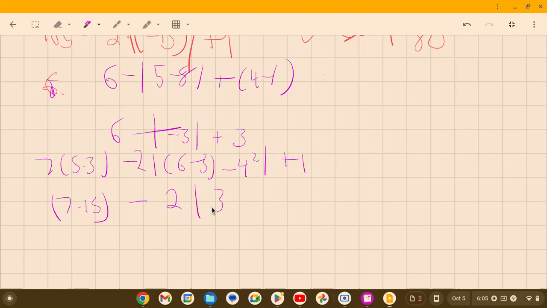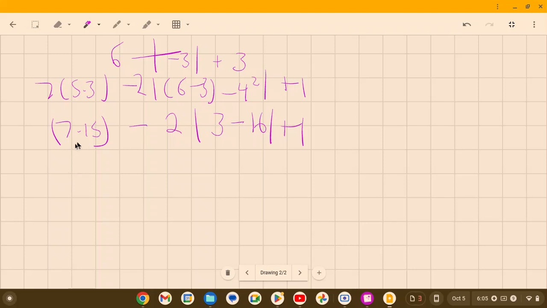So that's 3 minus 16 plus 1. So that's 105 minus 2. 3 minus 16 is negative 13 plus 1. That's positive 13.